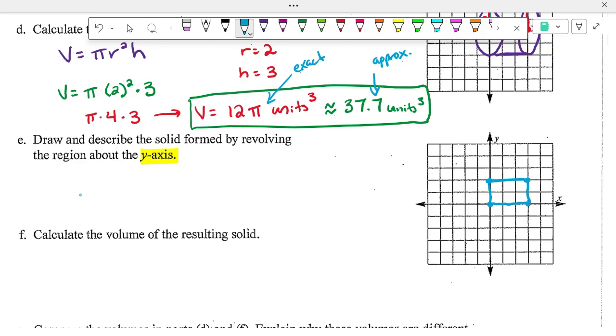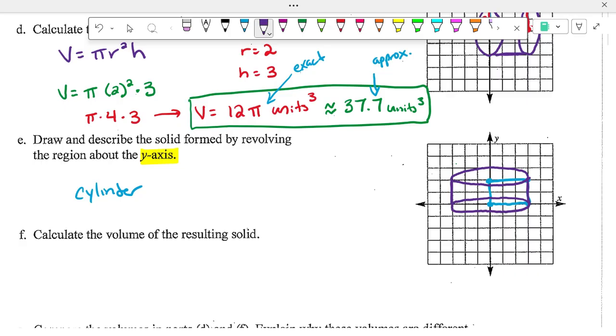Still a cylinder. So I'm going to make it as best as I can. So I'm going to start here. I'm going to rotate all the way around and do the same thing over here. And then connect them. It's not my best cylinder, but it's good enough.